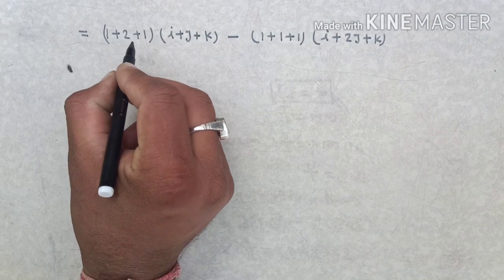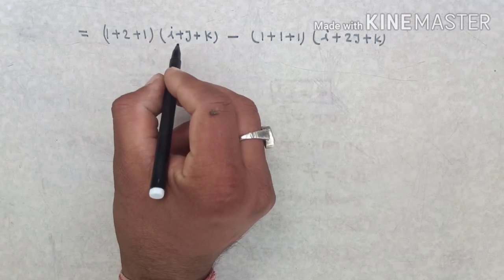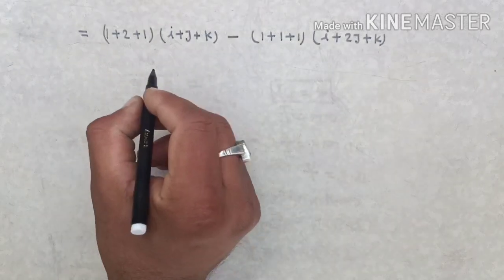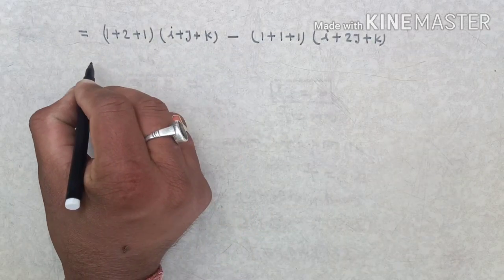So 1 plus 2 plus 1 times i plus j plus k minus 1 plus 1 plus 1 times i plus 2j plus k.